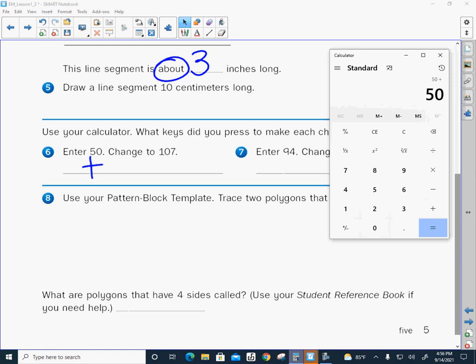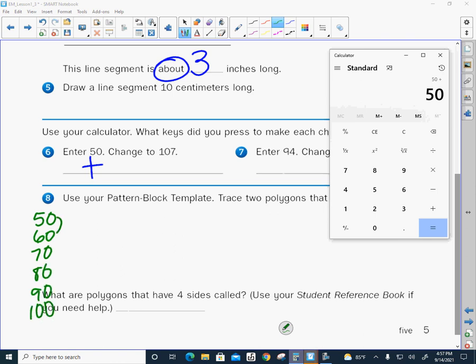Now, I have to figure out what would I have to add to get to 107. You can actually use your number grid that we've been using for the last couple of weeks. We're trying to get from 50 to 107. So 50, think about that. And then I jump down. I'm going to kind of draw it. So I'm at 50. And then I'm going to go to 60, 70, 80, 90, 100.